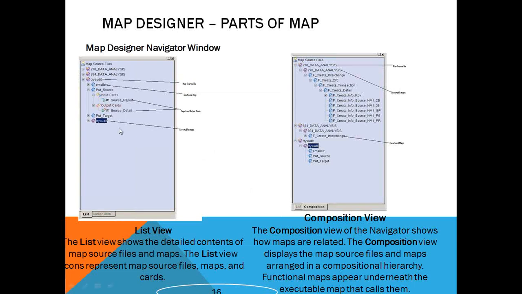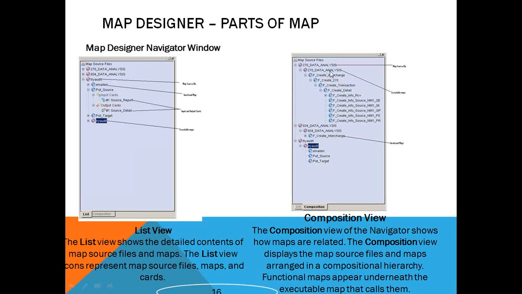Then there will be two views, list view and composition view. Composition view will show the hierarchy. Now it is outline view, this is composition view. In the composition, if the map has 10 functional maps, it will show like this: F create interchange. Inside F create interchange, we created 270.